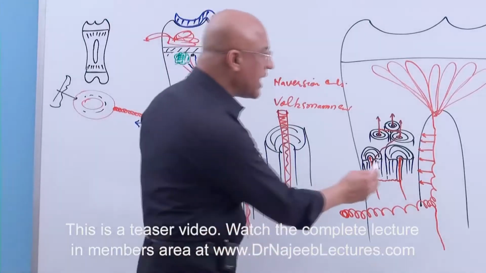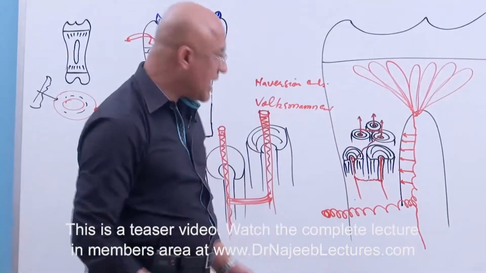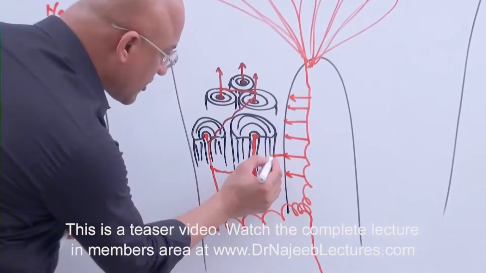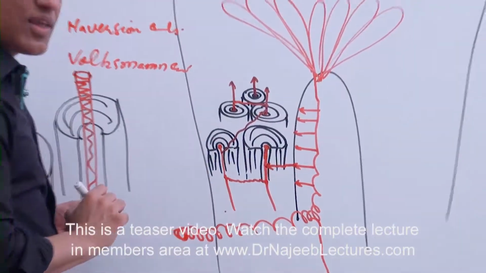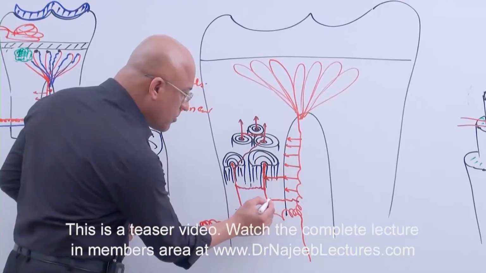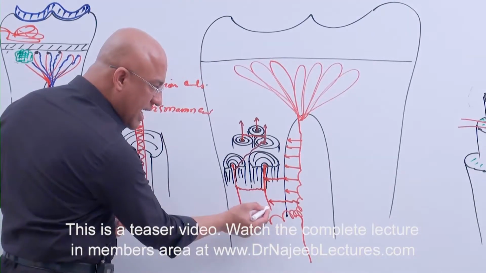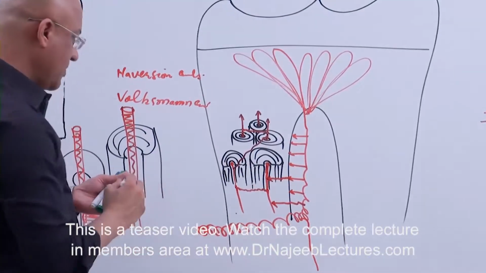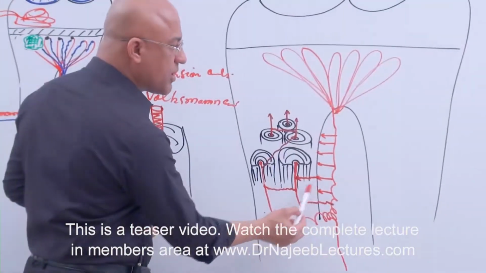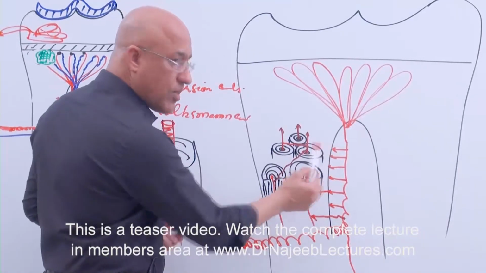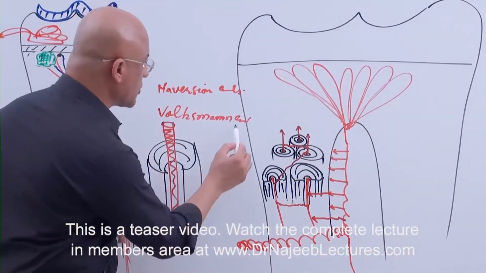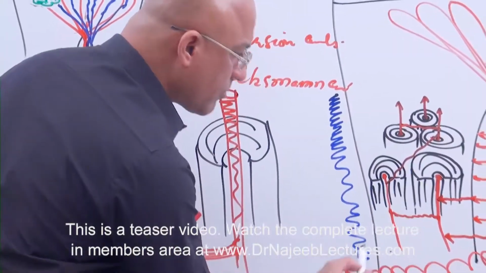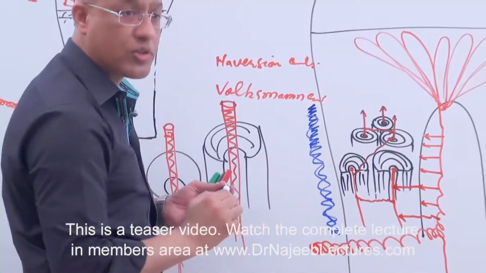Now, from where is the blood entering this system? Actually, these vessels. This vessel comes as a Volkmann canal and eventually enters the blood into the Haversian system. Not only is the blood coming from the medullary side, blood is also coming from the periosteum. Let's suppose this is the outer periosteum.